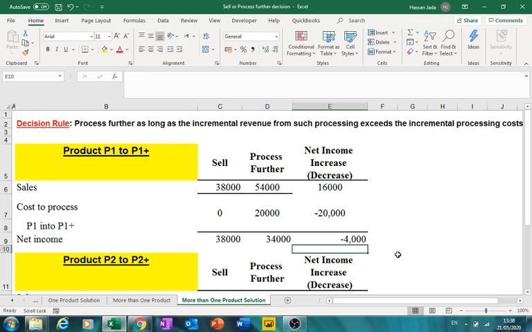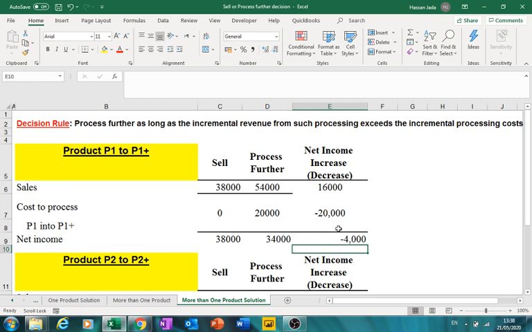What does this mean? It means that if we process further, we have an increase in revenue by 16,000 only, but we have an increase in cost by 20,000, because the incremental cost exceeds the incremental revenue.